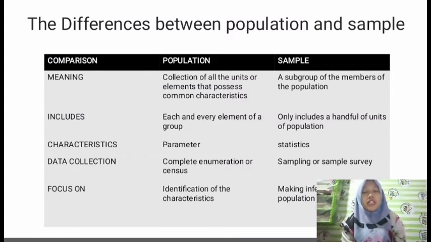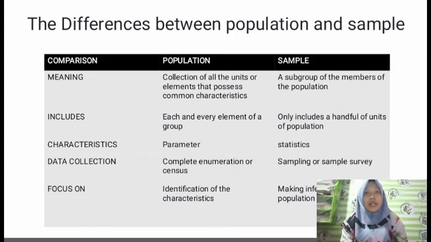So population, the characteristic from the population is about a parameter, and then for the sample, the characteristic for the sample is statistic. So population, the data collection from the population is about complete enumeration or conscious.